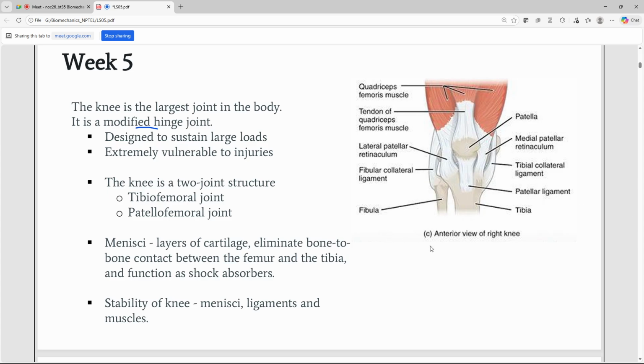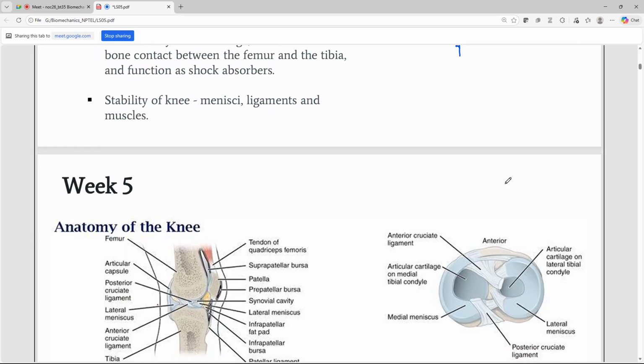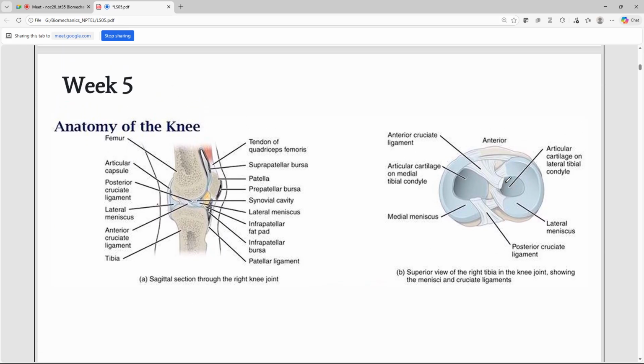This is an anterior view of the knee, that is, looking from the front of the body. This is a sagittal section, that is, sideways, a lateral plane used to cut and see what is happening in the knee joint. And this is a superior view, that is, if the top portion is removed and we look from the top.